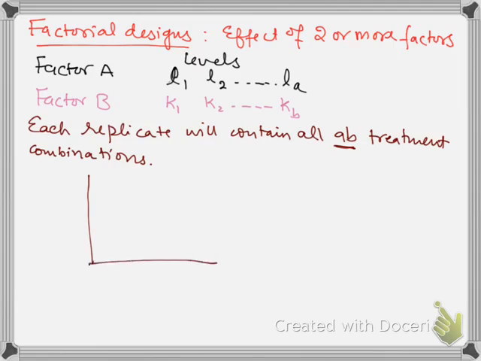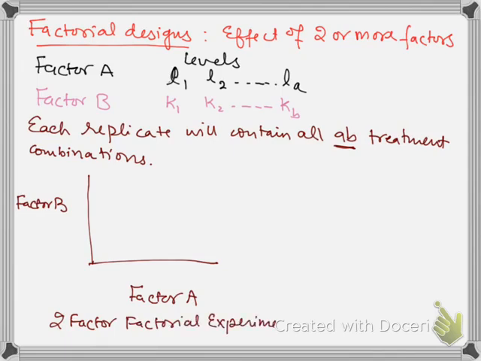Let's say you have factor A, and on the y-axis you have factor B. It is a two-factor factorial experiment with both design factors at two levels.